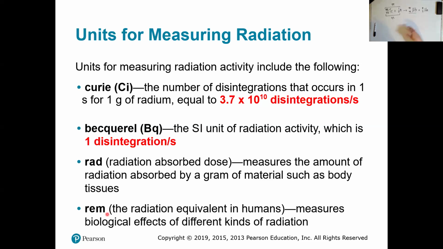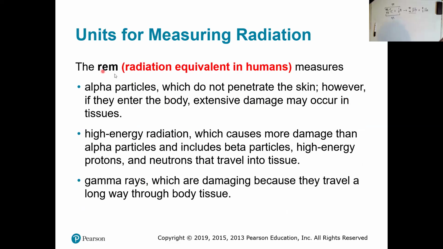The difference between rad and REM is that you might absorb radiation in a higher quantity than seems healthy, but the REM measurement is going to give you an idea of exactly how harmful that radiation is going to be for you. So rad measures quantity, and REM measures the effect. REM stands for radiation equivalent in humans.